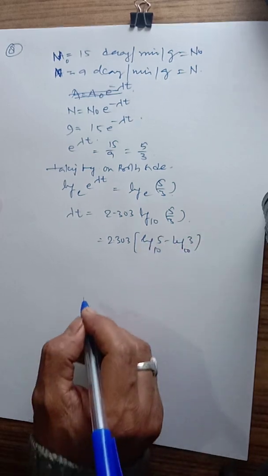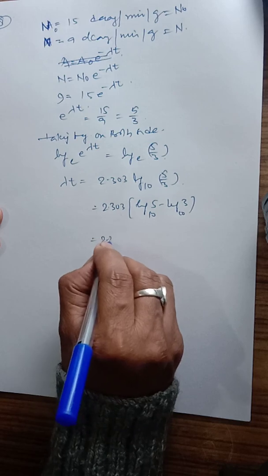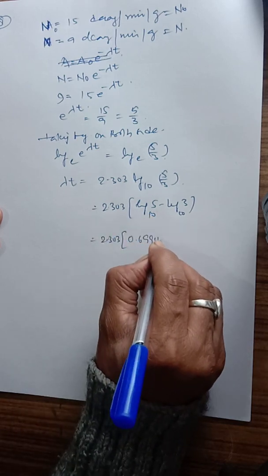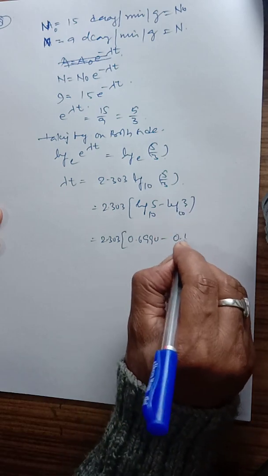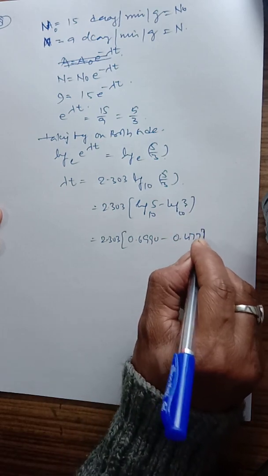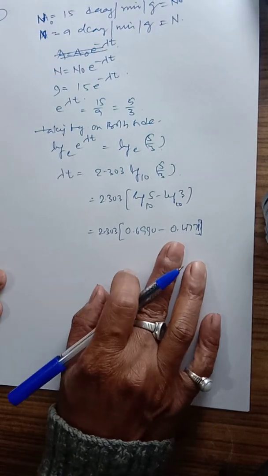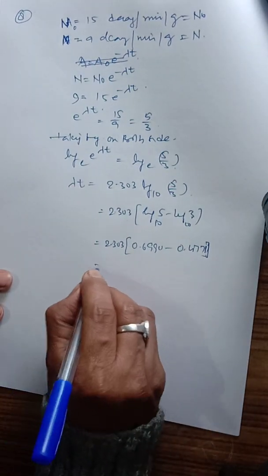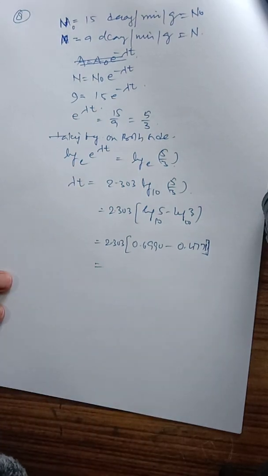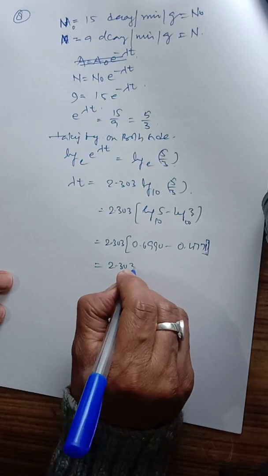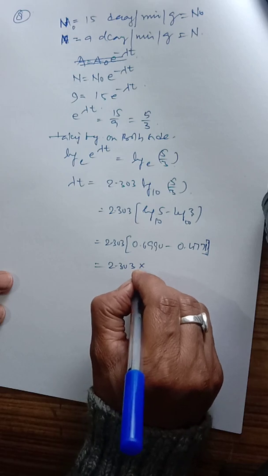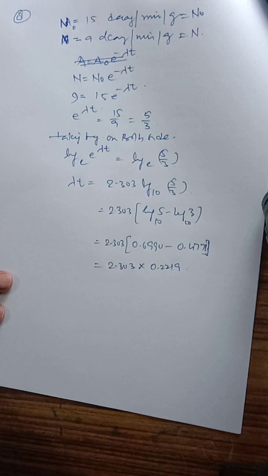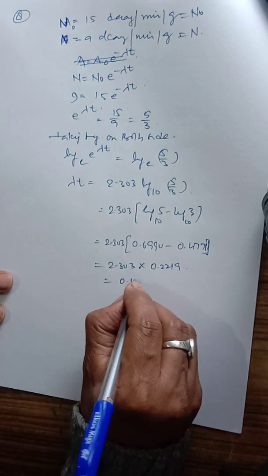Log of 5 is 0.6990 and log of 3 is 0.4771, you might remember these values from class 10th. So it is 2.303 multiplied by 0.2219, which gives you 0.511.